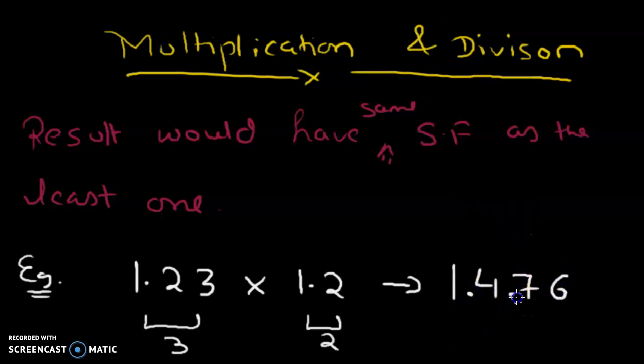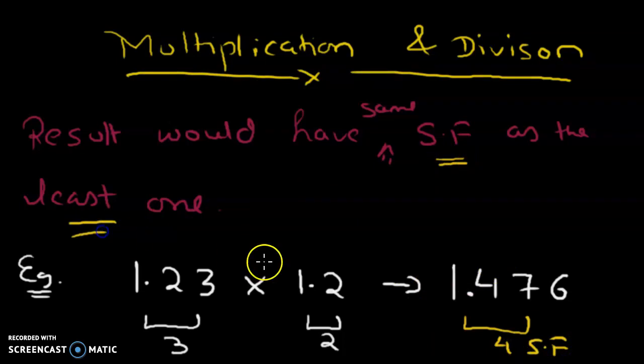So now tell me one thing. I told you the rounding off exactly. So it has 4 significant figures, and the result can only have the same significant figures as the least one, that means 2. So I need to round it off to the nearest tenths place, and for that go to this digit 7.